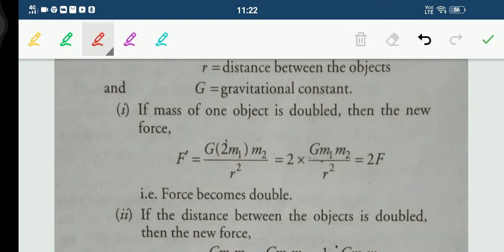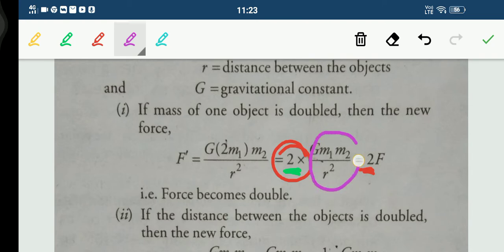Fine students. Now see here, the new thing that comes here becomes 2, multiplied by G m1 m2 upon r square. Fine. So let this 2 be here, and this G m1 m2 upon r square, can we write it as F?